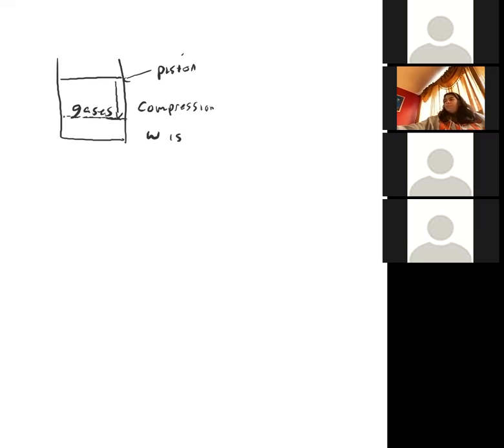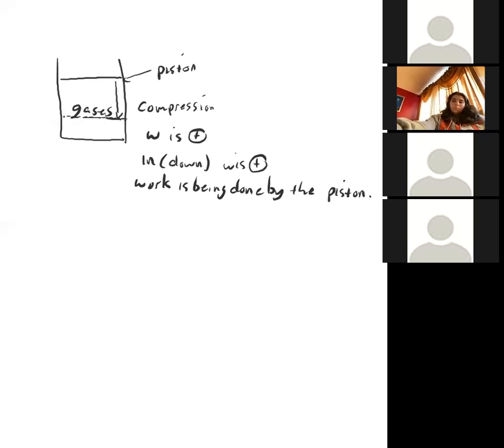W is positive. So in or down, W is positive. And the terminology that they will use is work is being done by the piston. Okay, work's being done by the piston. So that would be positive.